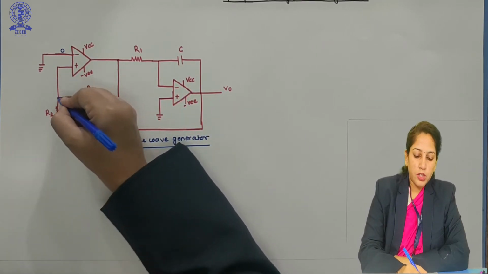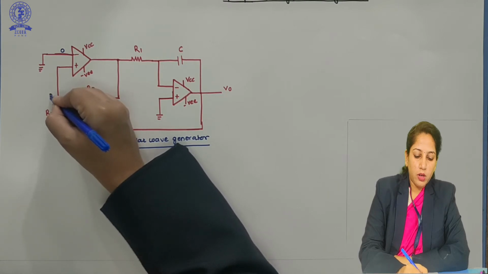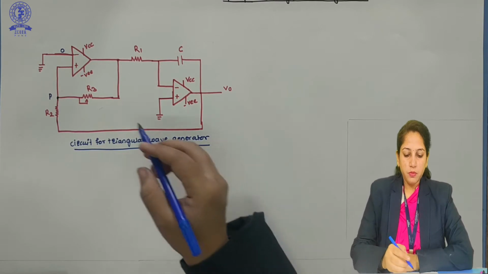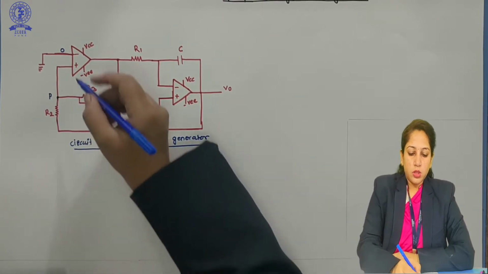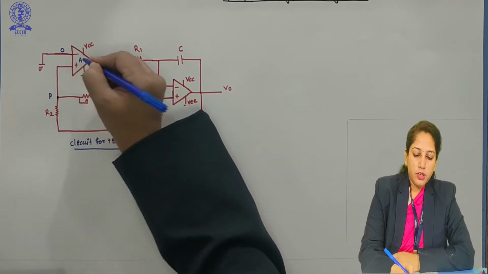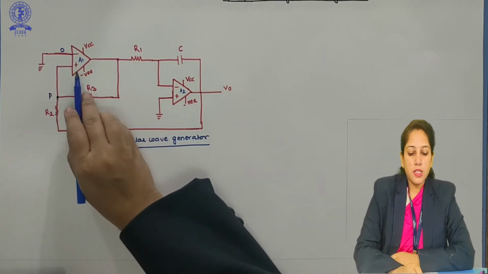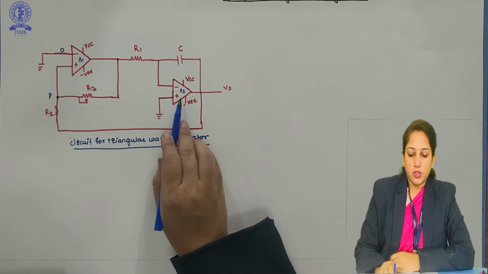Here will be a voltage divider, and this point I will call the P point. Suppose I call this A1 and this A2. So this is a comparator circuit, this is an integrator circuit.